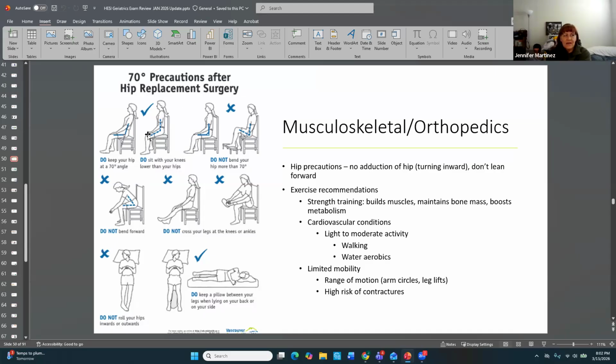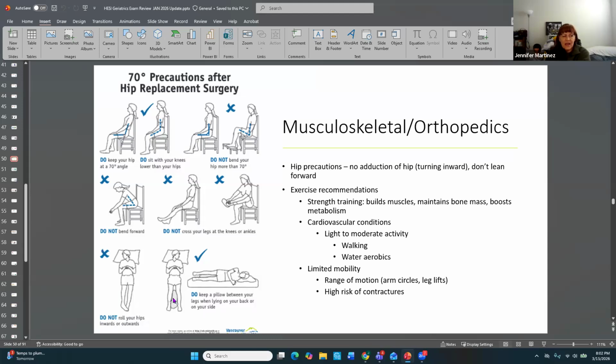So you can see that the knees are lower than the hips. You don't want to bend your hips more than 70 degrees. Okay. So you can't sit up straight in a chair at that 90-degree angle or even higher. Don't bend forward. Don't cross your legs at the knees or ankles. Don't roll your hips inwards or outwards, so you can see the way the feet are.